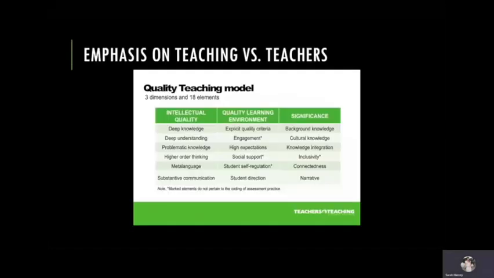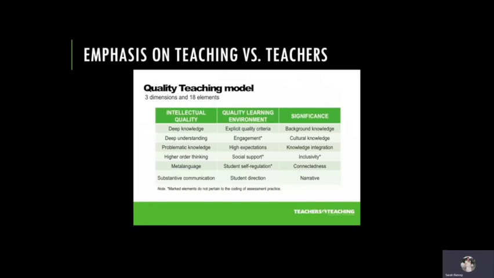So with the quality teaching model, breaking it down a little bit, there are 3 specific dimensions, and then there are 18 elements that fall under those 3 dimensions. The first dimension that we have is intellectual quality. Within that category, we have things like deep knowledge, deep understanding, problematic knowledge, higher order thinking, meta language, and substantive communication.